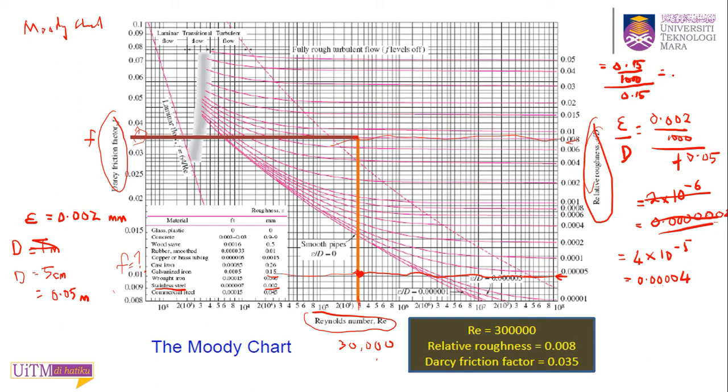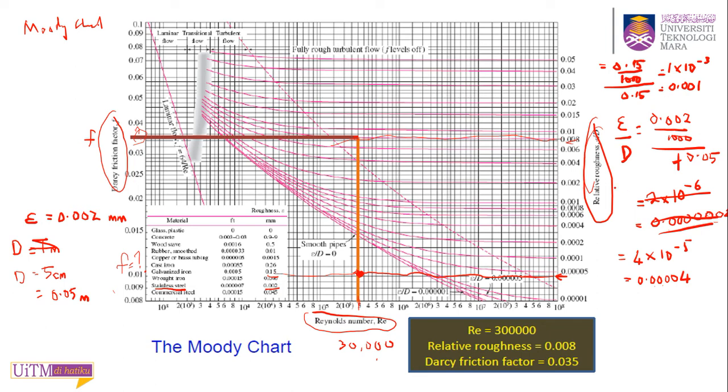So you will get 1 times 10 to the power of minus 3, or this is equal to 0.001. So this is your relative roughness, 0.001.